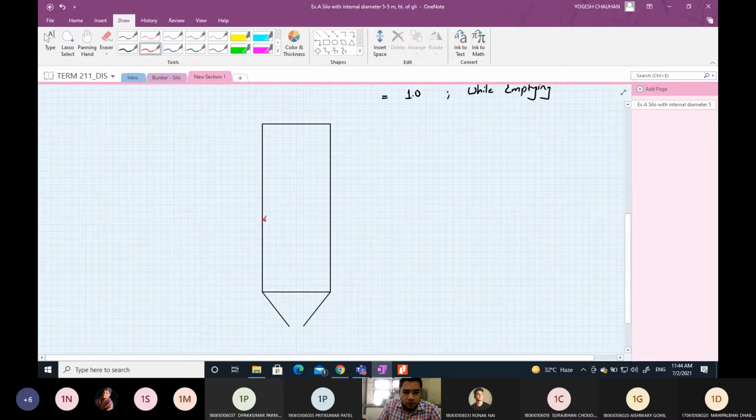The diameter of the cylindrical portion is given to us, that is 5.5 meter.